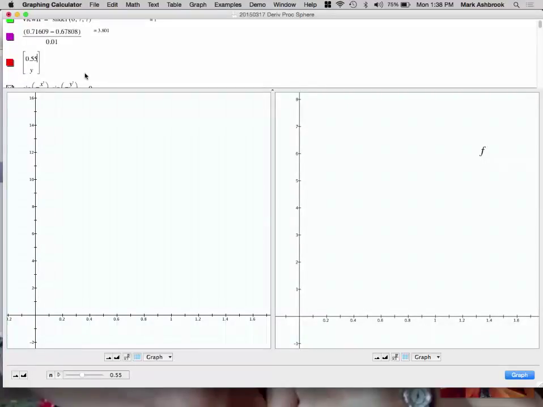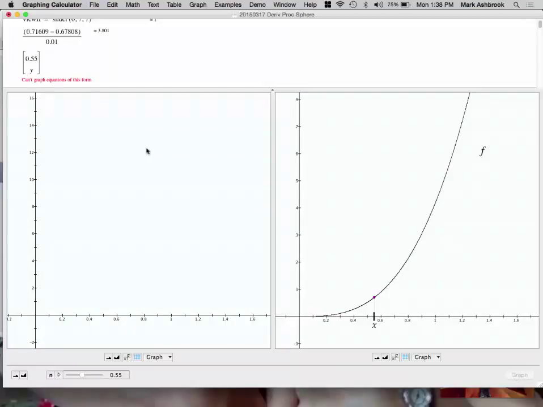Because our independent variable is the same on both graphs, it's still 0.55. And the y value on that graph tells us the rate of change of our accumulation, shown on the right, at whatever x value you have.